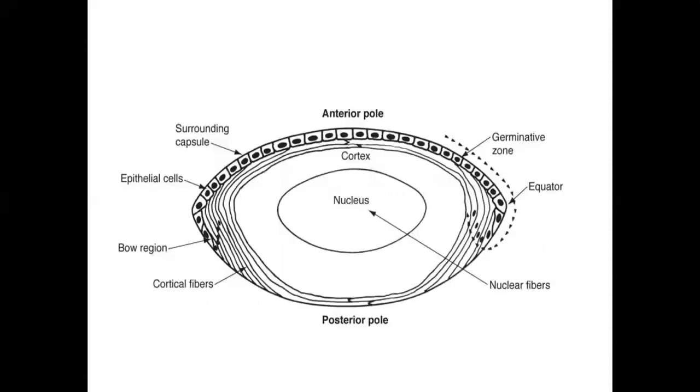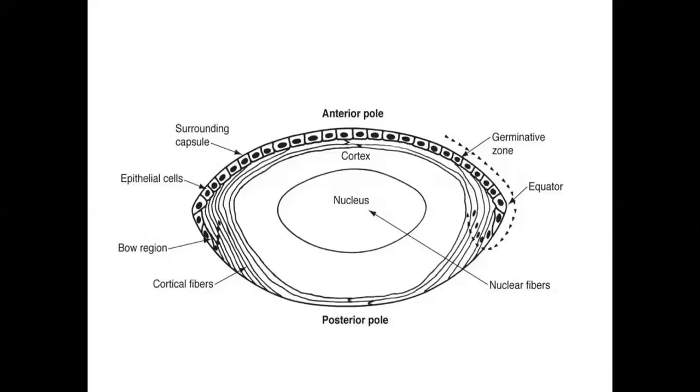So here we have the parts of this lens. We have the anterior pole. This is where the anterior capsule is, the surrounding capsule. We have the cortex, the protein portion that is surrounding the nucleus. We have the epithelial cells. You can see the epithelial layer under the anterior capsule.